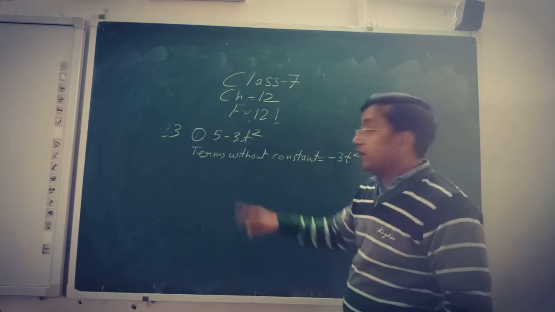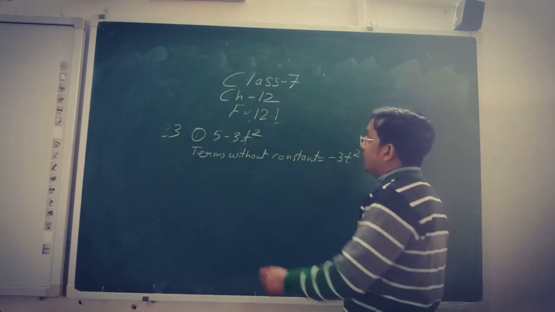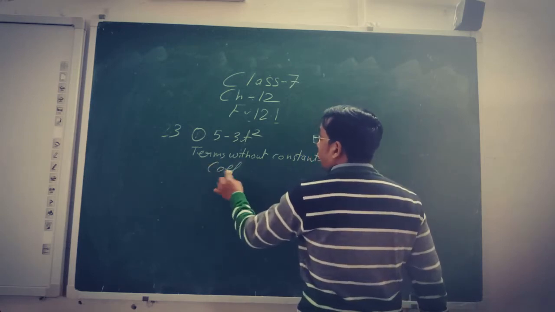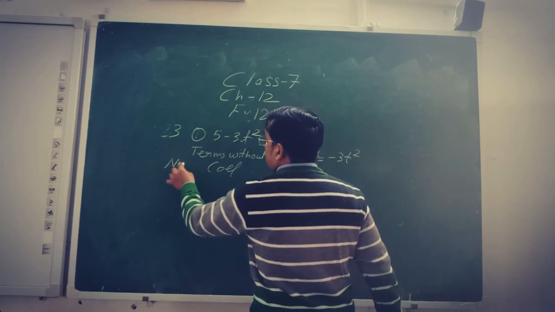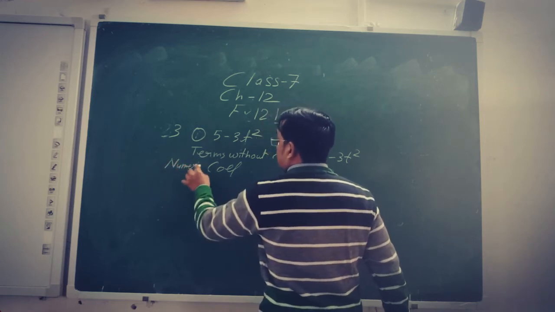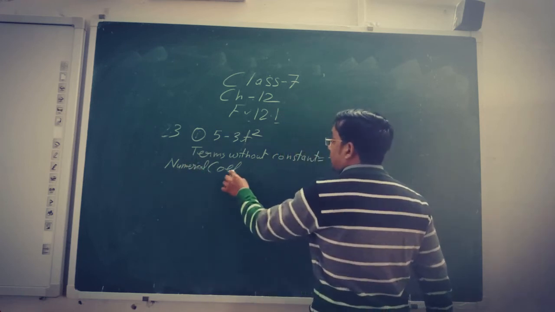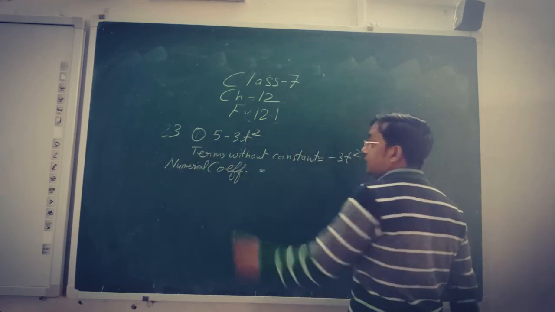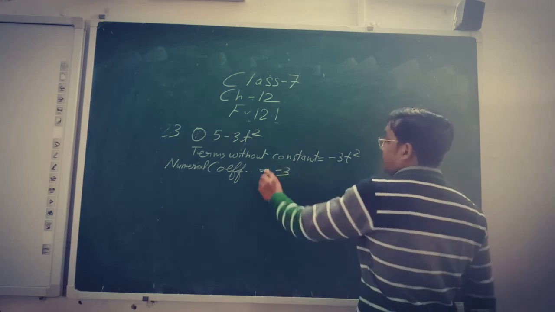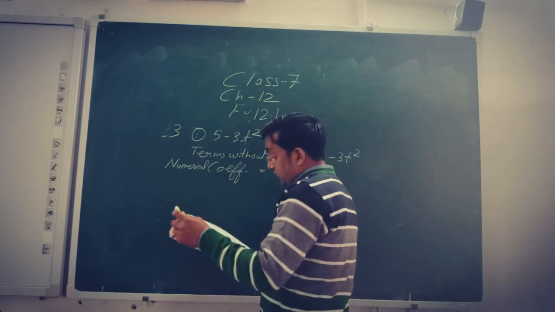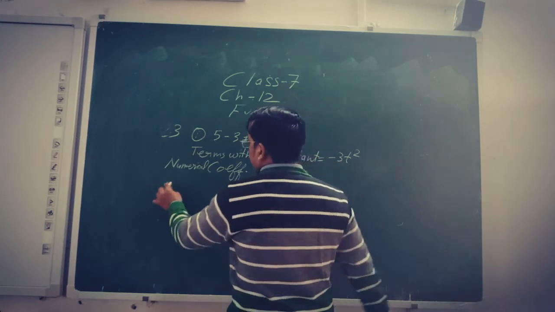These are terms without constant, and the numerical coefficient is minus 3. So this is your answer, minus 3. Let's do one more question on this. Let's do the sixth part.